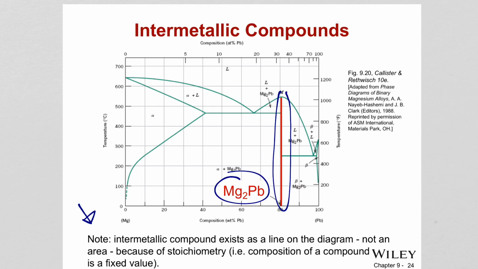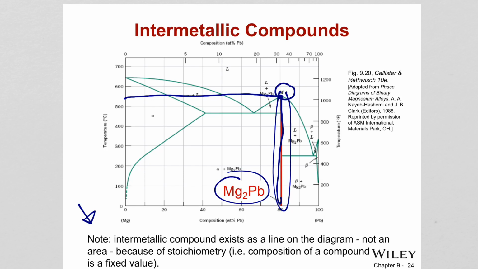What you can read about this intermetallic compound is its melting temperature, because here we are on this line, right, and the melting temperature is right there. It's approximately 550 as indicated with point M here.